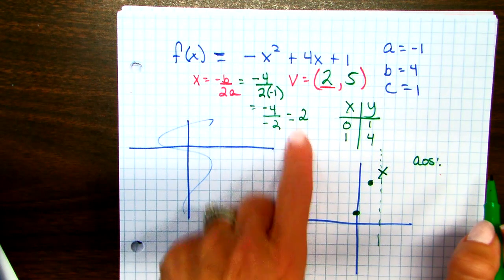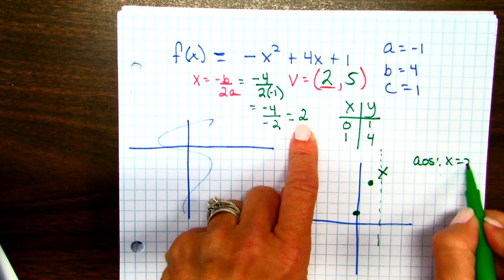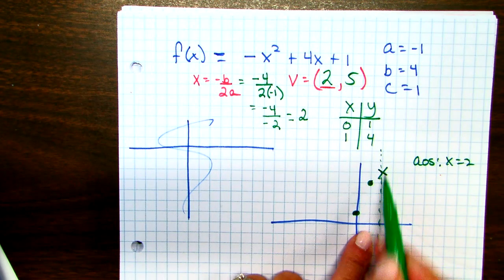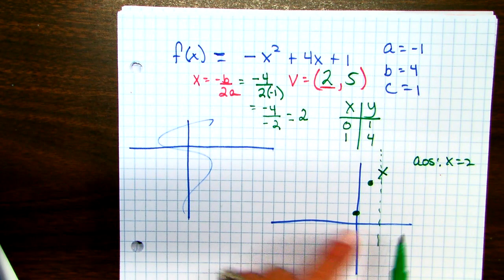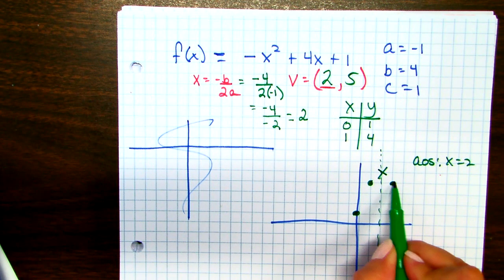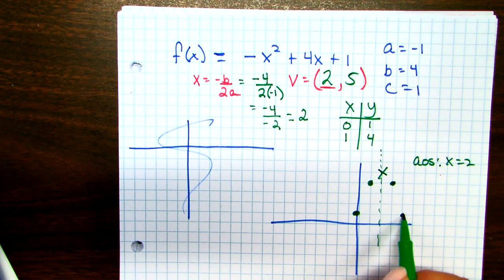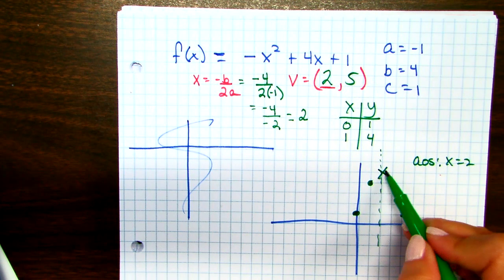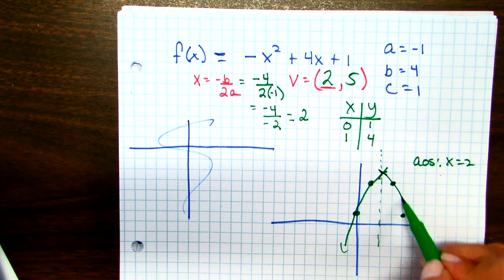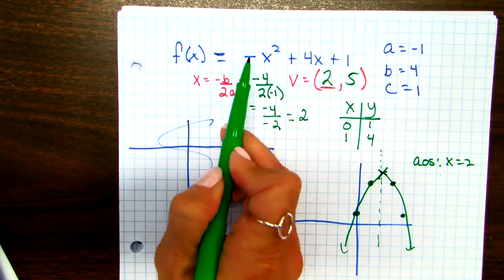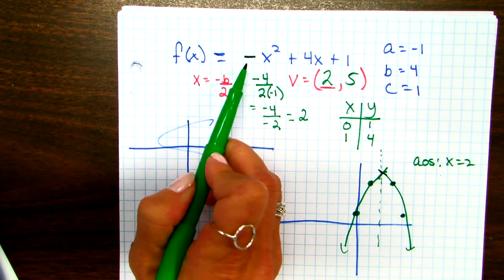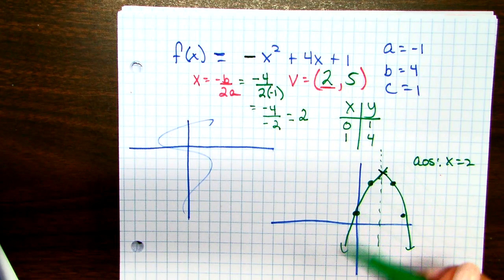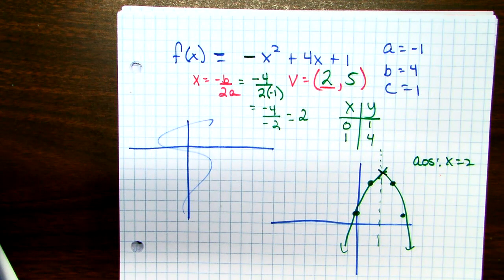It's always the same numbers you got here. It's x equals 2, right? But you can see it. 1, 2, vertical line going through x equals 2. And then we can reflect right over, there or there. And then notice it's opening down like we said it would, because it's got a negative A. When A is negative, we are frowning. When A is positive, positive people smile, we are smiling.